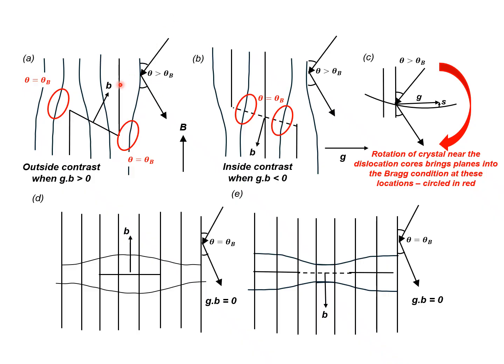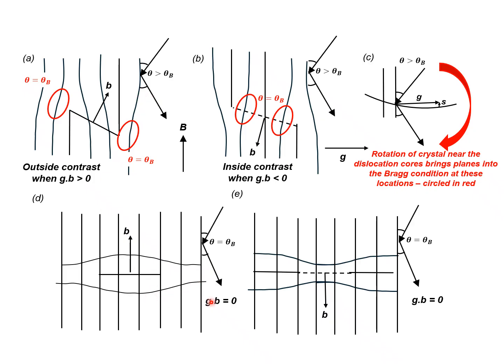So once you have a dislocation loop, here's an interstitial loop, the Burgers vector is pointing upwards, and for the vacancy loop the Burgers vector is pointing downwards, we can make certain measurements and decide what the character of the loop is.